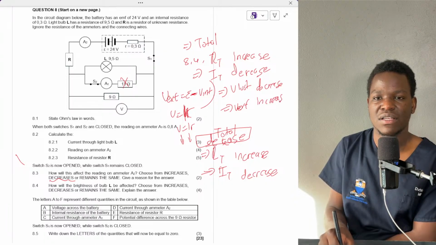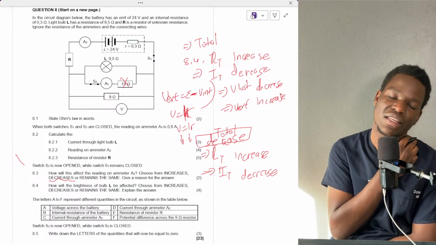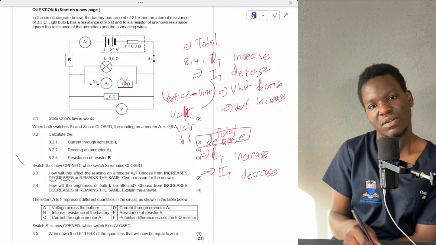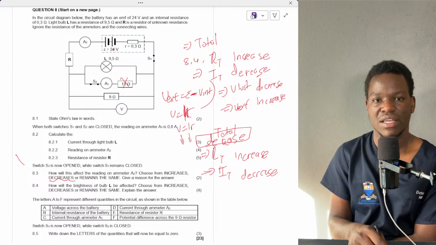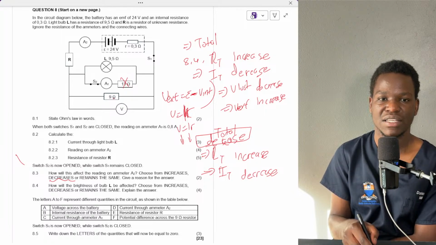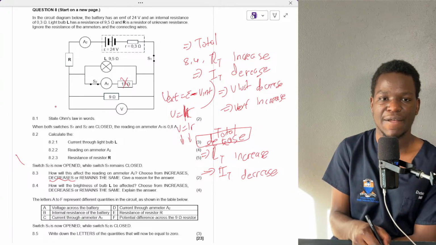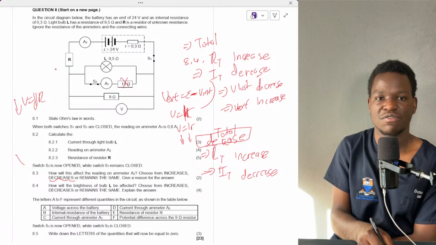V external increases. And when the V external has increased, now let's see about the voltage taken by this resistor. The voltage taken by this resistor is V equals IR. It's going to take some voltage. Because this current has decreased, it means that this one is going to take less voltage.